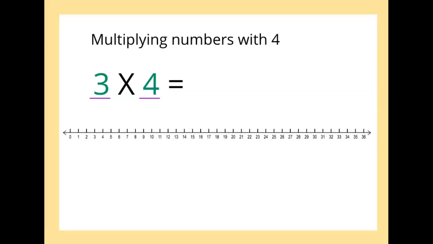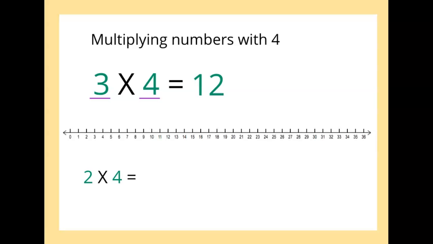Let's start jumping. 1, 2, 3, 4, jump. 1, 2, 3, 4, jump. 1, 2, 3, 4, jump. So the answer is 12. This time we have 2 times 4.